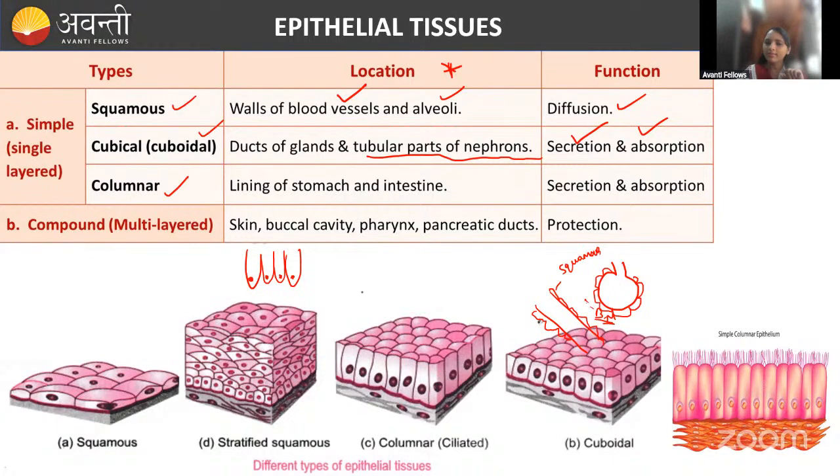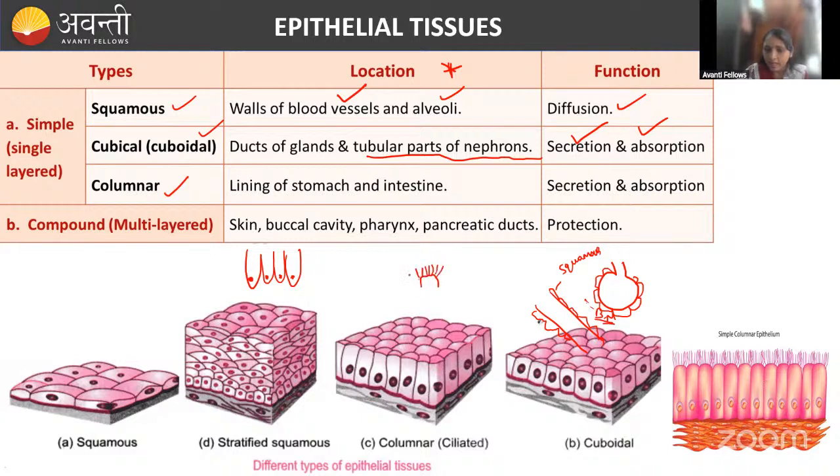Okay. And where can you see this, guys? Mainly in the lining of the stomach and the intestine. Have you seen in the digestive system, the digested food will come to the intestine, right? Small intestine. In the small intestine, all the nutrients have to be absorbed, right? From the intestine into the blood. Yes or no? In the intestine, there are villi-like structures present.